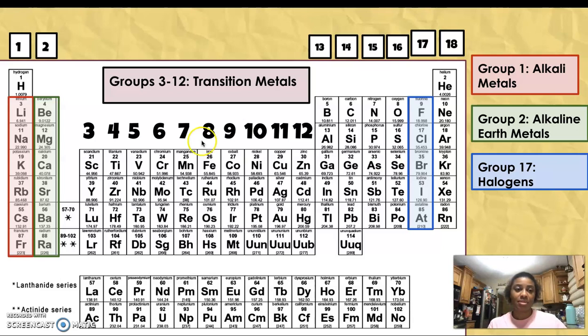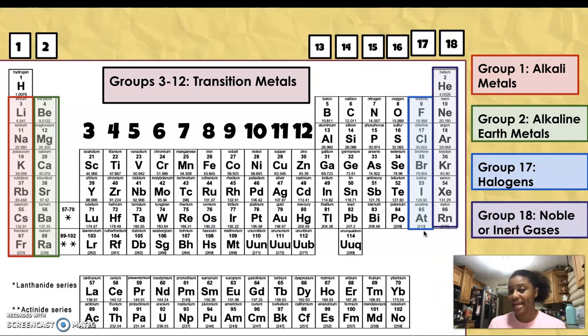So we've learned this group has the name alkali metals. This group, alkaline earth metals. Groups 3 through 12, transition metals. We come over to group 17, we have halogens. And then the last group are the noble or inert gases. These are gases that you have probably seen before.